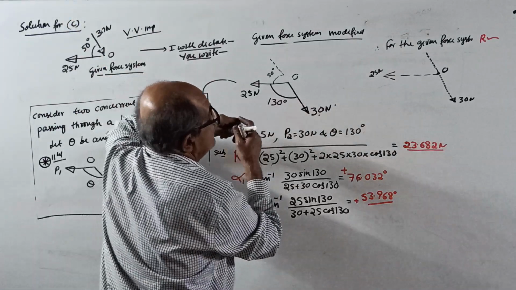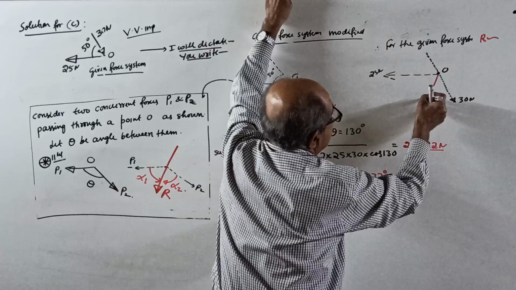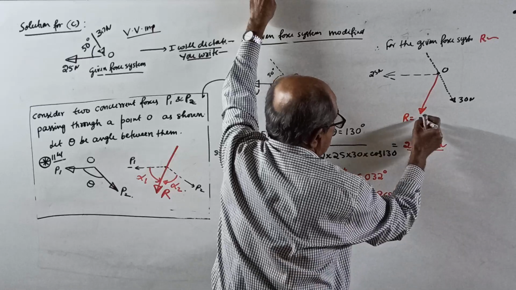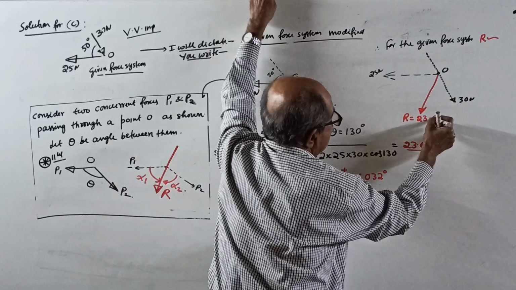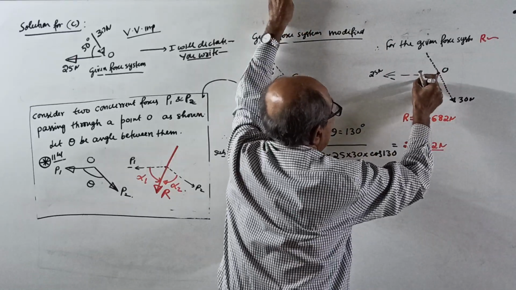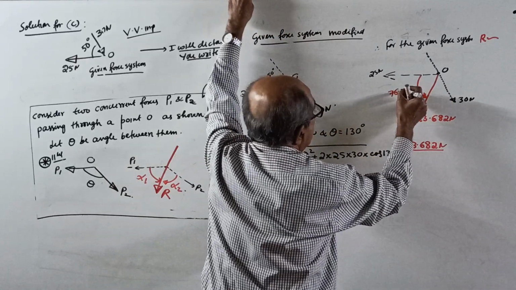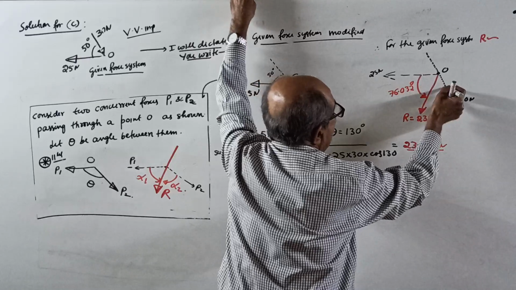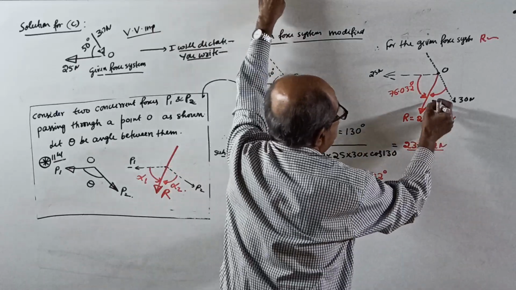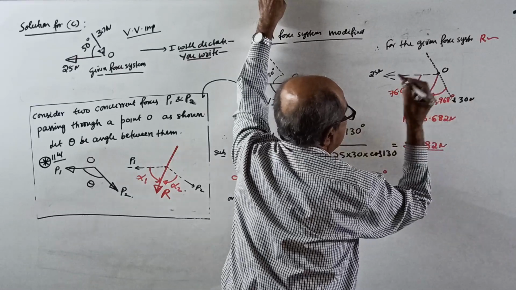Total 130 is there. 130 means 76 is more than half, so it is slightly this way. Resultant R equal to 23.682 Newton, this angle is 76.032 degrees, and this angle is 53.968 degrees, which is the answer.